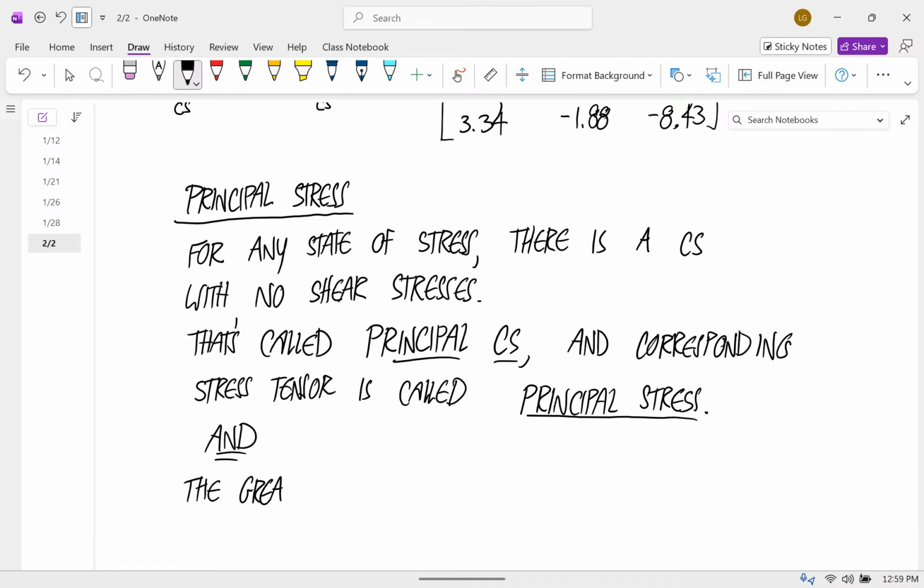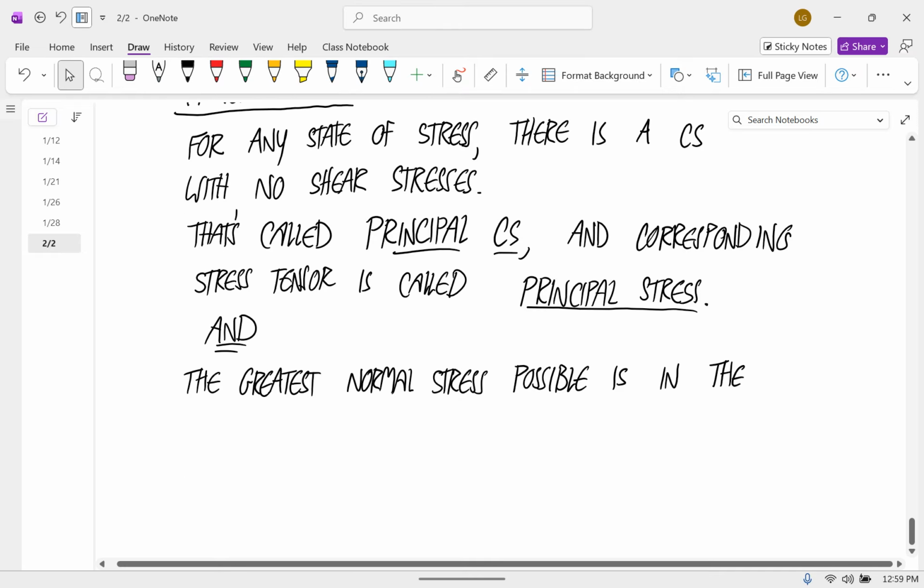The greatest normal stress possible is in the principal stress tensor.